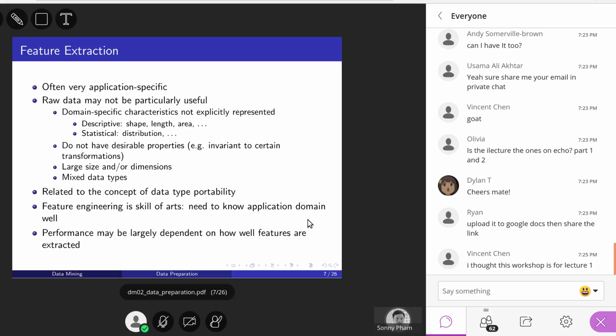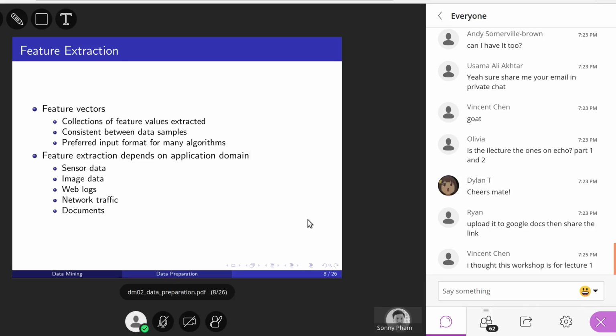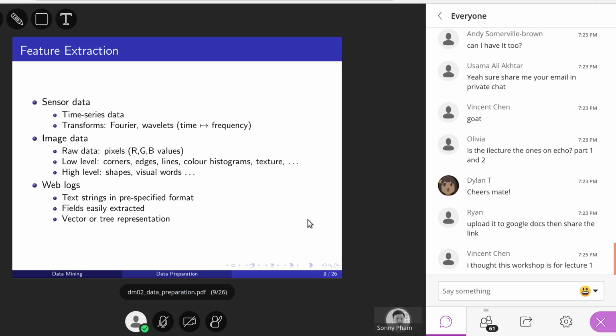All right, feature extraction, as I said before, right? So, let's talk specifically about different types. If you have sensor data, right? Sensor data means you have something like a sensor that captures the outdoor temperature, and it records a value every second or every minute, right?